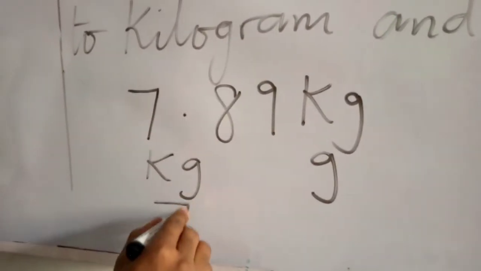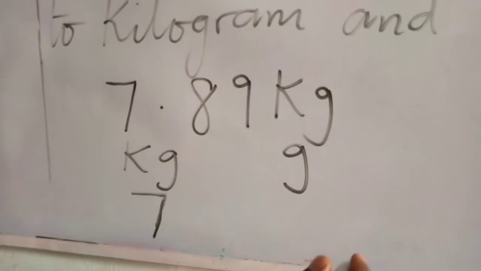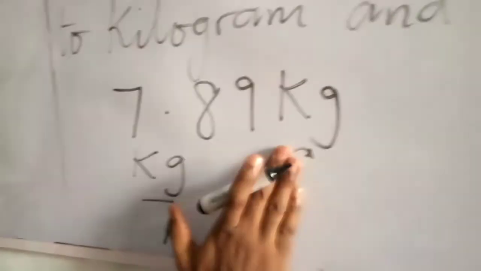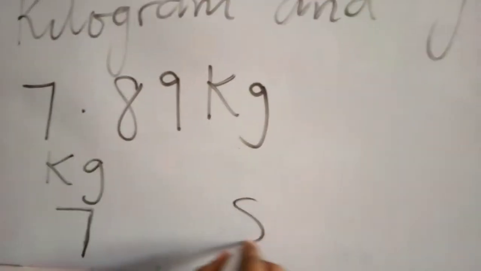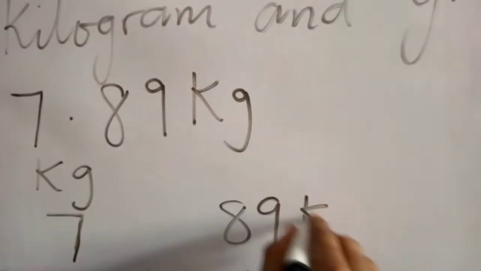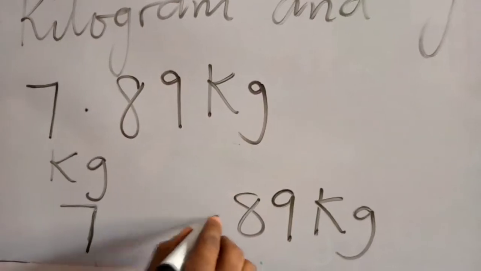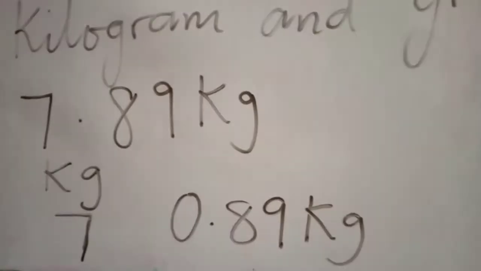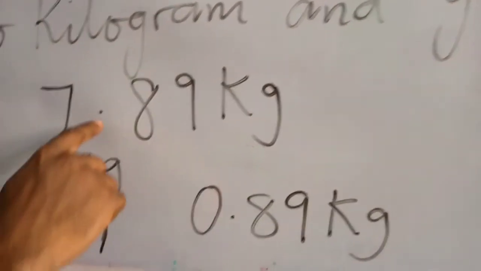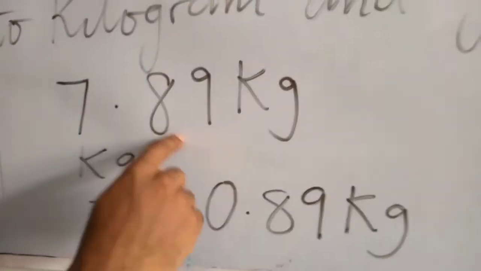We have 7 kilogram here and we have, let me take this off for now. We have what? 9 kilogram. Remember there's a point here, so 89 points, use 0 to close it up.